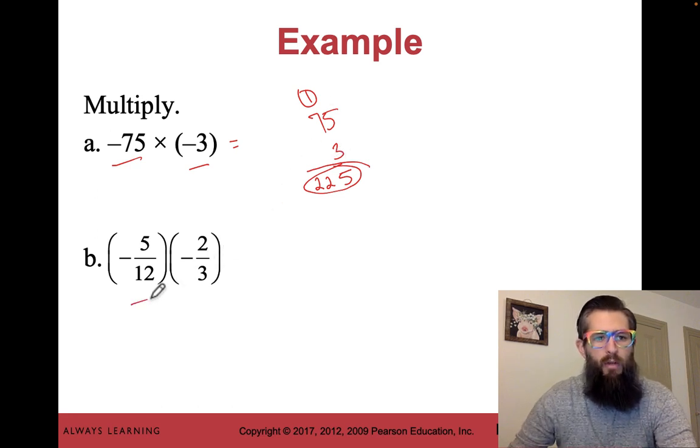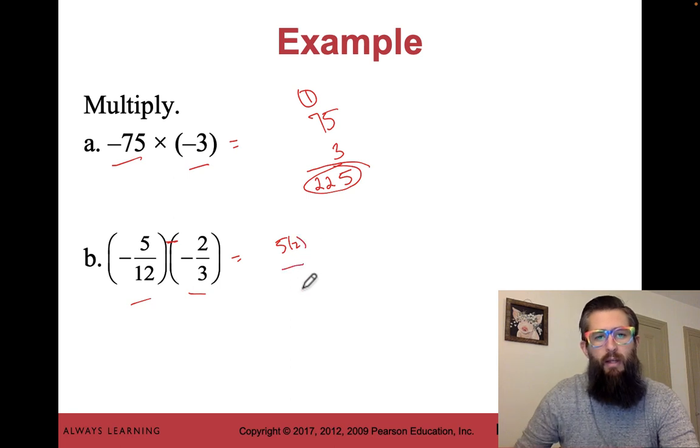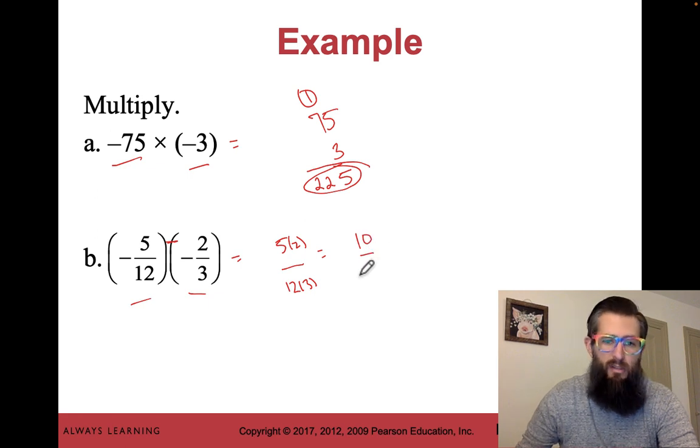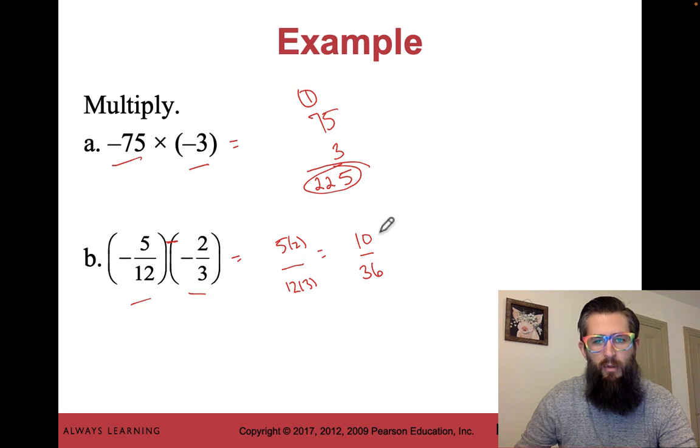Similarly here, we have a negative times a negative. So what we'll do is we'll take 5 times 2, which gives us 10, and then 12 times 3, which is going to give us 36. Now we could actually do some simplifying here. Since these numbers are both even, we know that they're both divisible by 2, so we can divide the 10 by 2, which gives us 5, and then 36, we can also divide by 2, which gives us 18.